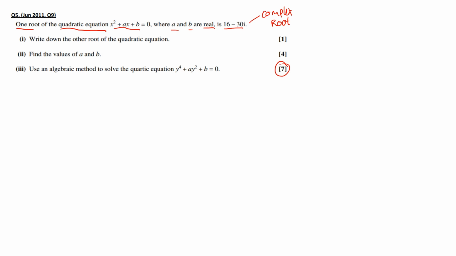So I think that's what this principle is working off. So I'll write down the other root. The other root is going to be 16 plus 30i, because then when you times those together, they're going to make real coefficients. So that's done. Find the values of a and b.